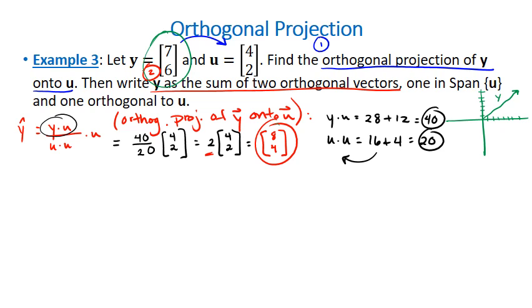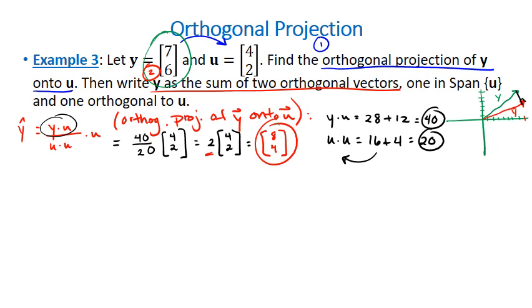If I graph y hat, here's 8 and 4. So this is y hat. What we just found was this here. That is the orthogonal projection because it's perpendicular. Okay, so let's move on.